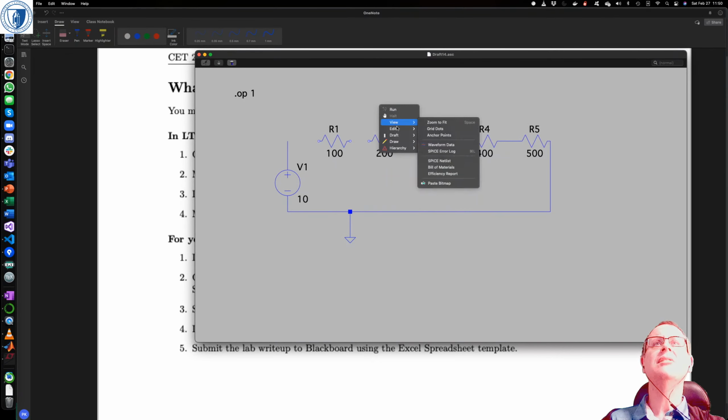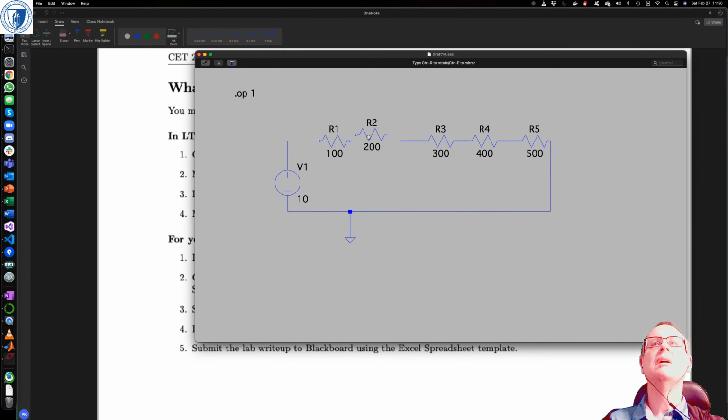Right, so now we've got that one round the right way. Let's see if I can rotate that one. I've got to move, get those things around the right way. Oops, wrong one.